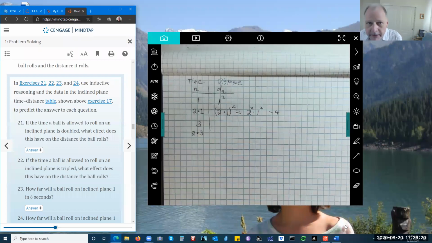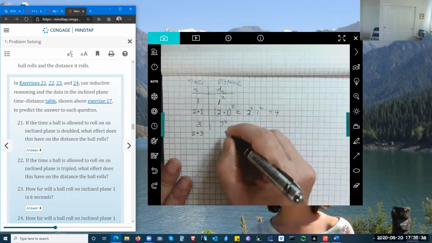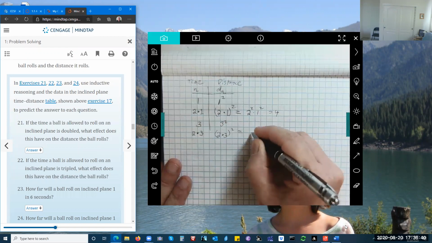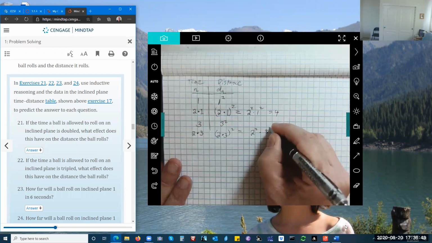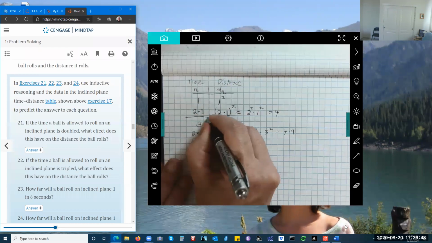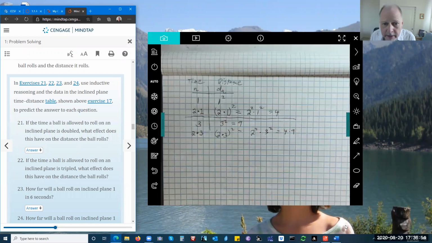I'm comparing 2 different amounts of time, and one of them is twice as big as the other. I want to see what's the effect of that. So for 3 seconds, it was 9, but for twice 3 seconds, for 6 seconds, it was 4 times 9.